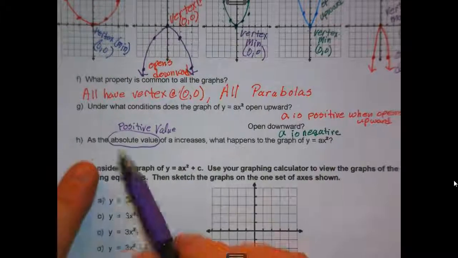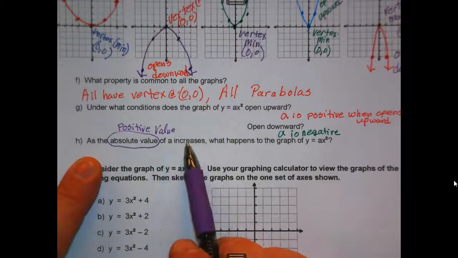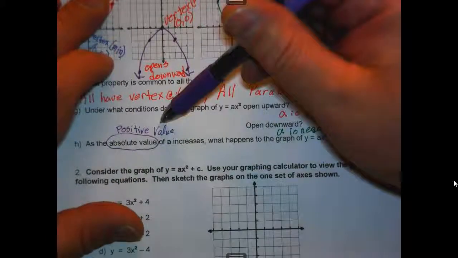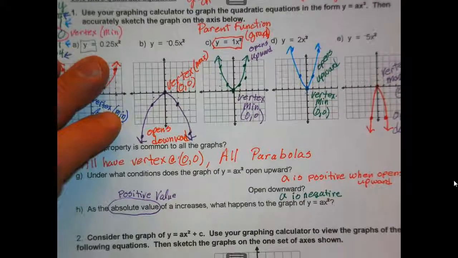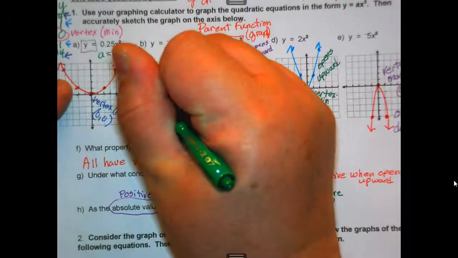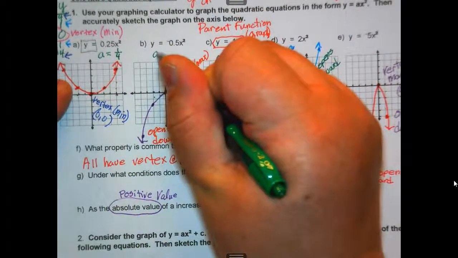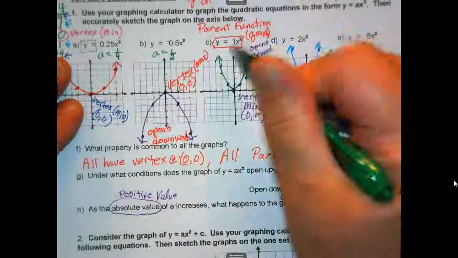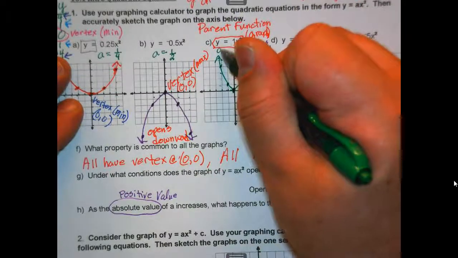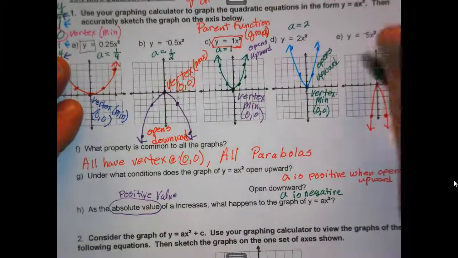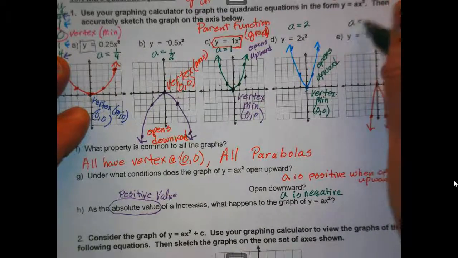So as the absolute value of A increases, we're looking at A. We're not looking at the negative numbers anymore because they're all going to be positive. What's 0.25? That's a quarter, right? So this is my A equals 1/4 or 0.25. 0.5 is 1/2. Then A equals 1, A equals 2, and A equals 5.